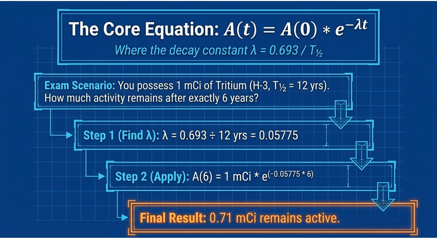For example, if you have 1 millicurie of tritium and 6 years pass, you first find lambda, which is equal to 0.05775, and then apply the formula to find that 0.71 millicurie of activity remains.